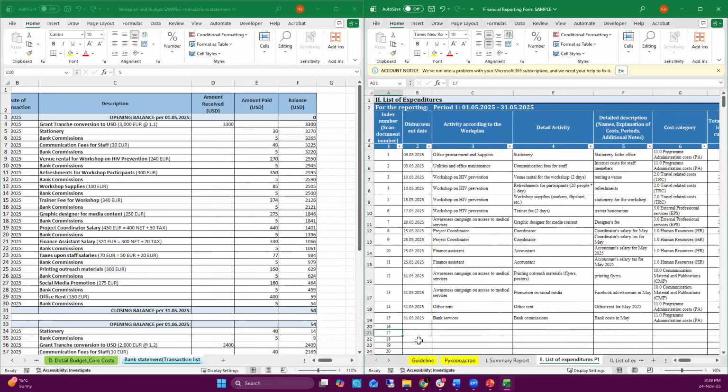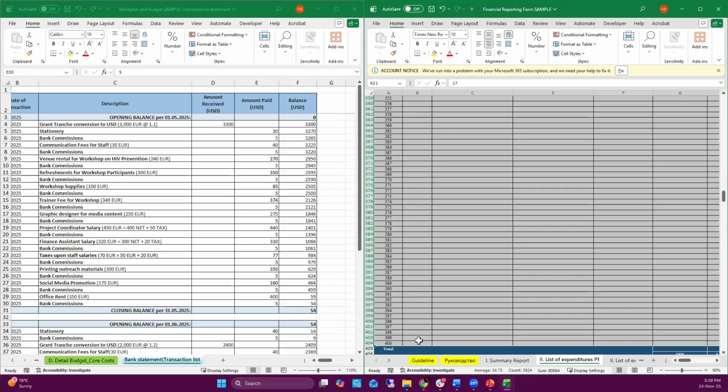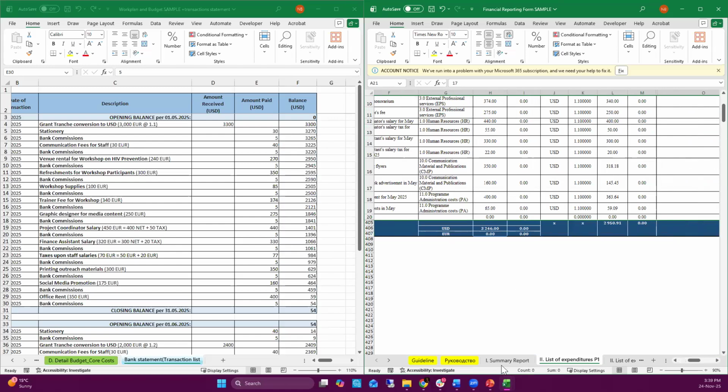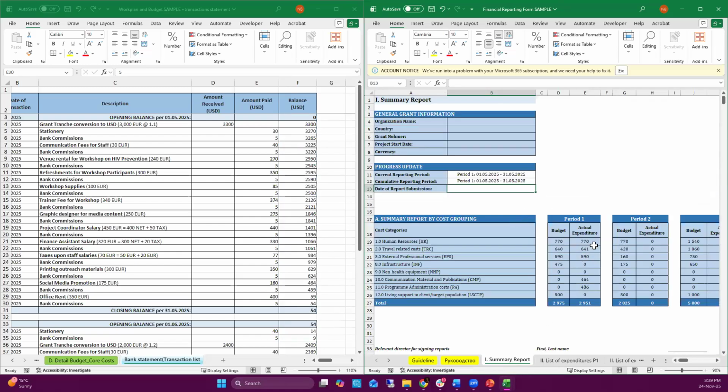Now we need to check what we have left in the end. So here you can see that this field for the first period is automatically filled out based on what we entered in this table. So this was our budget expenses, and these are our actual expenses.